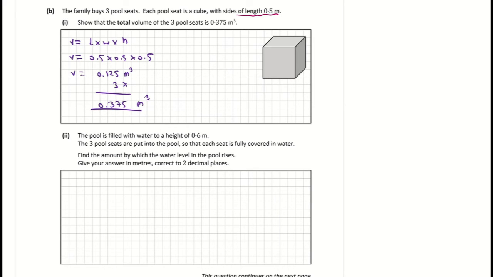B part 2, find the amount by which the water level in the pool rises. Give your answer in meters correct to 2 decimal places. What that means is the volume of the 3 seats is going to equal the volume of the displaced water within the cylindrical swimming pool.